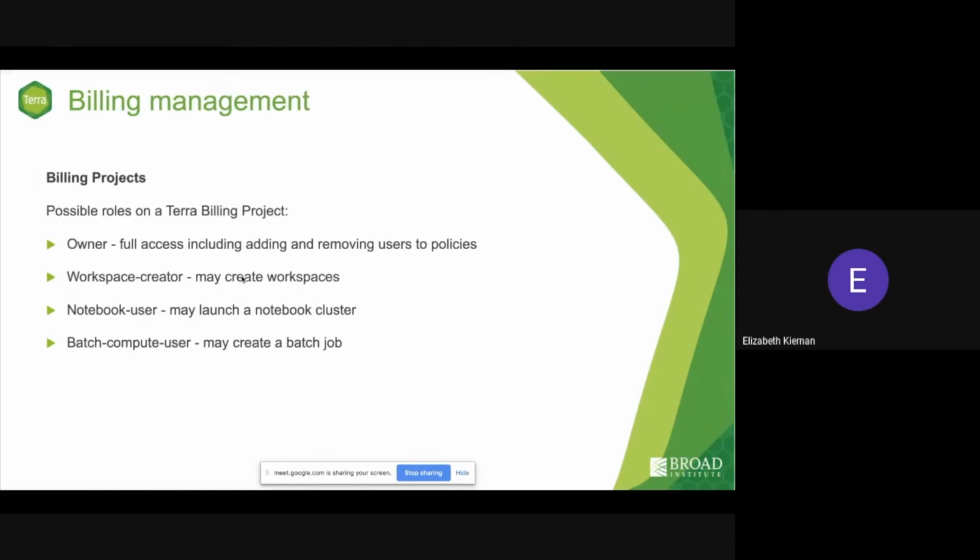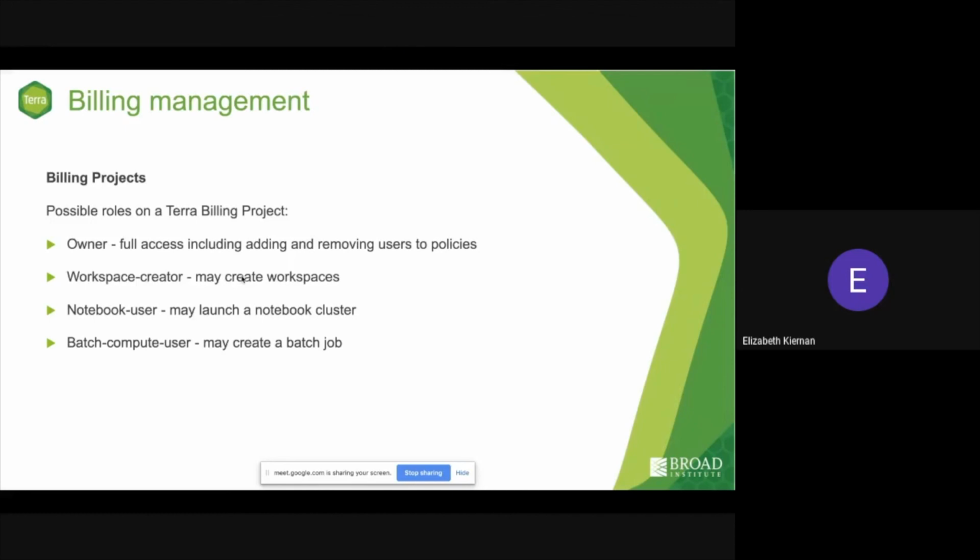Billing projects, as I mentioned, are a type of resource, and there are a few different possible roles that a user can have on a Terra billing project. The owner is the person who initially creates the billing project and tethers it to a Google billing account, and they have full access, most importantly, including adding and removing other users to different roles.